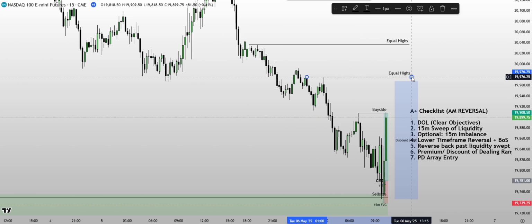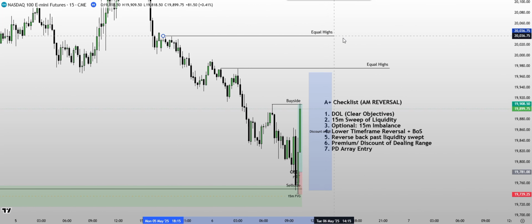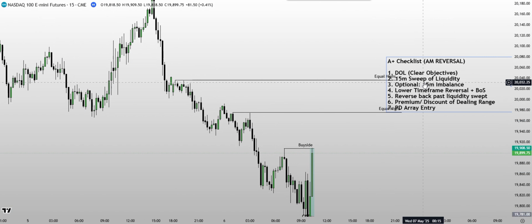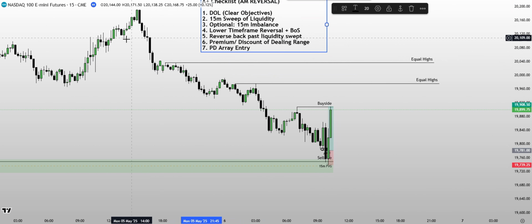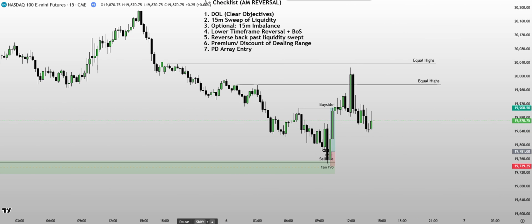Now, let's look. All of these highs here that I mentioned, these objectives, do these get drawn towards? Because that's very important. Are your draws being tapped? Well, let's look. These equal highs here, equal highs here. All these highs I mentioned that price can draw towards. Let's see if price does end up drawing towards it. There's the first high tap, so yes. And there we go.